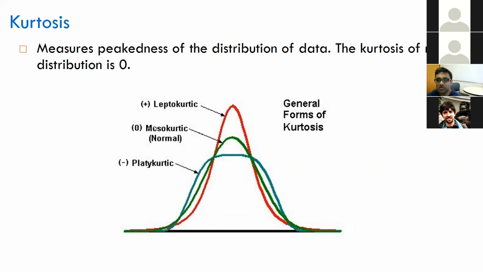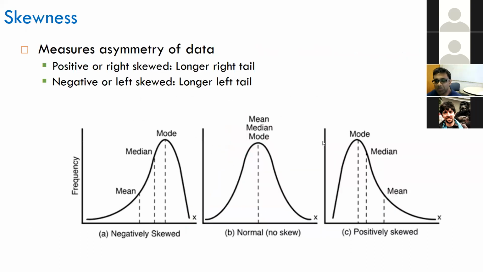So you need to measure it: if you have a normally distributed data set, the kurtosis should be 0. Then it's a normal distribution. Otherwise, it goes higher or flatter. That's how kurtosis works. But most importantly, you need to remember the skewness of your data.